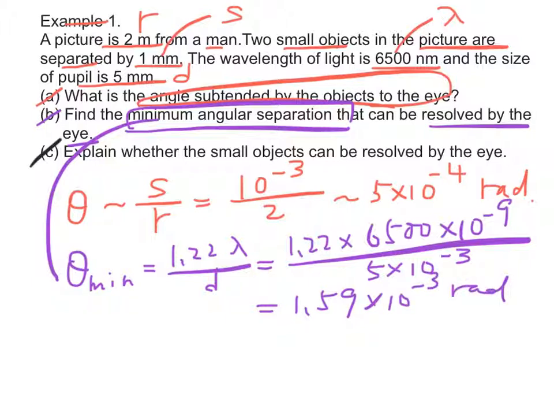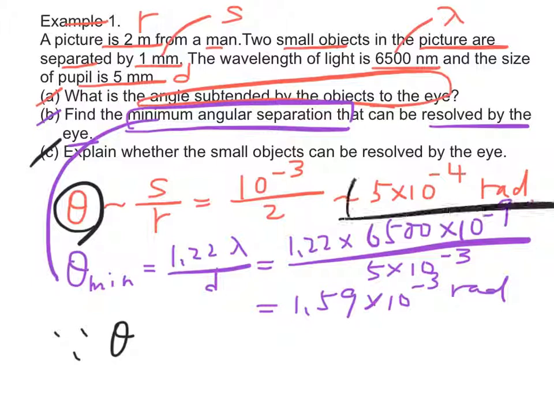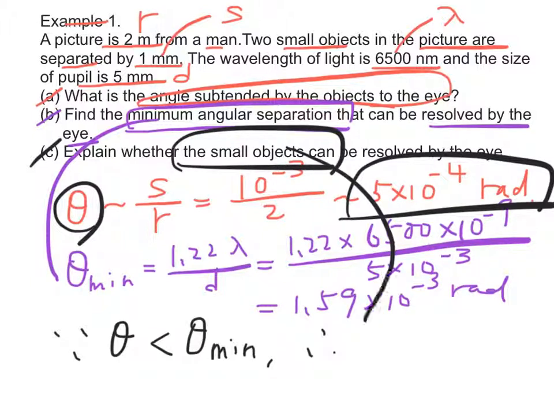For part C, because theta is smaller than theta minimum, therefore the two small objects cannot be resolved.